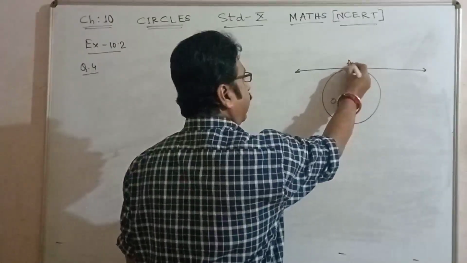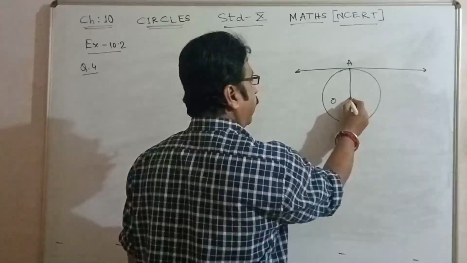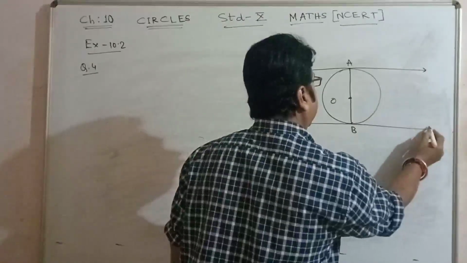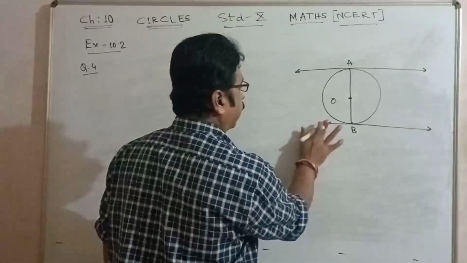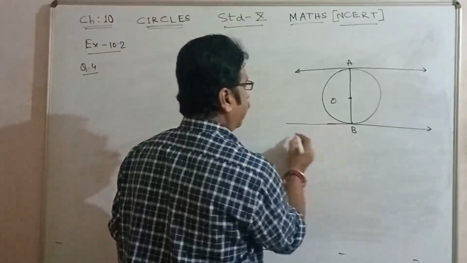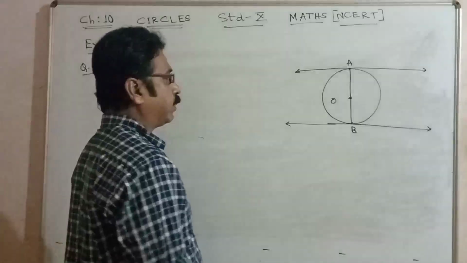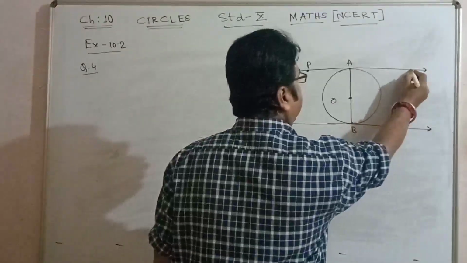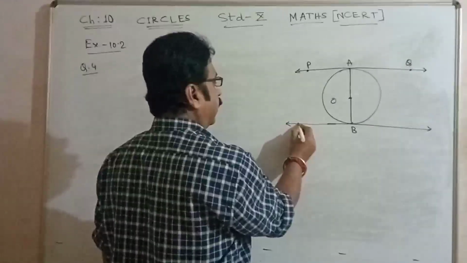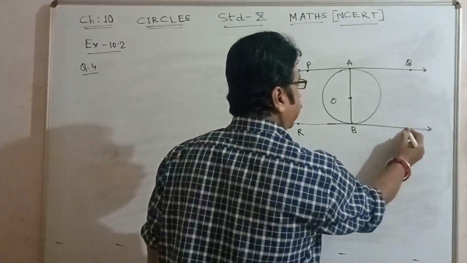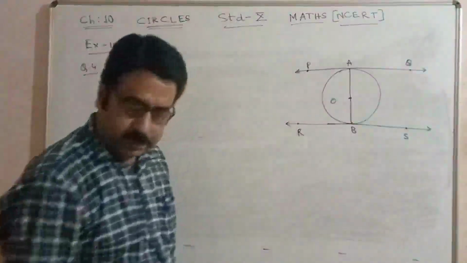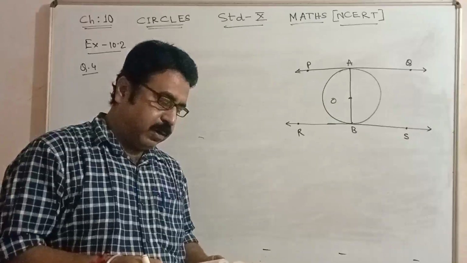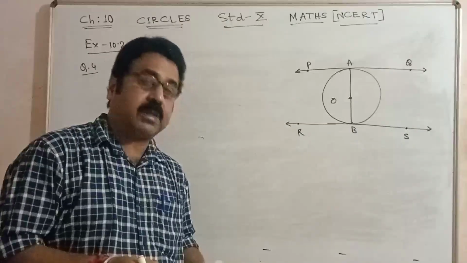Diameter, suppose it is AB. Suppose tangents are PQ and RS. Prove that the tangents drawn at the ends of a diameter of a circle are parallel.